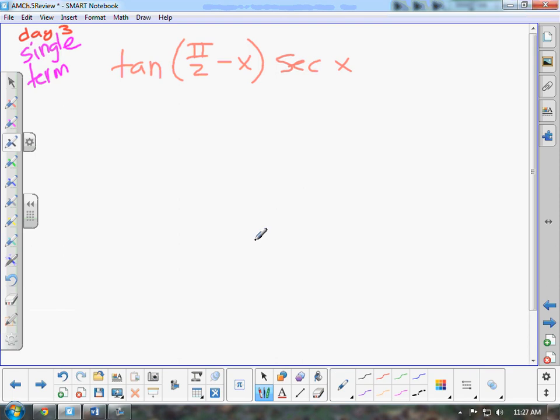tangent of pi over 2 minus x is the same as cotangent of x from your cofunction identities, times secant of x. And then in order to multiply these two things, we should convert everything to sines and cosines.